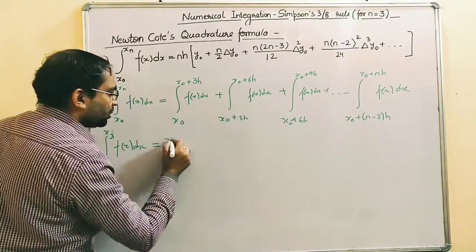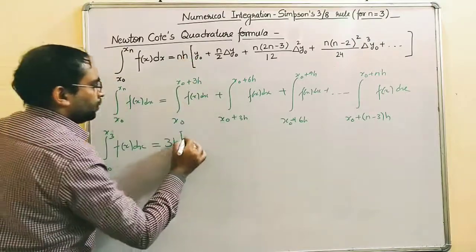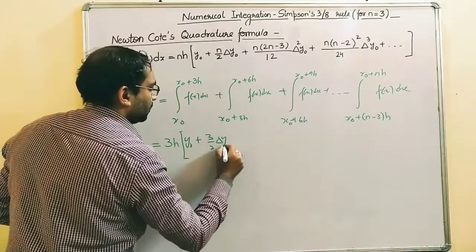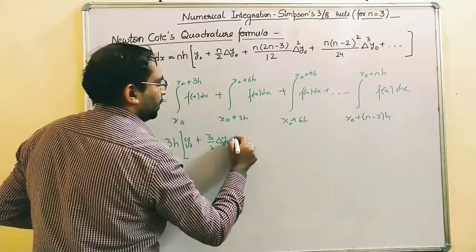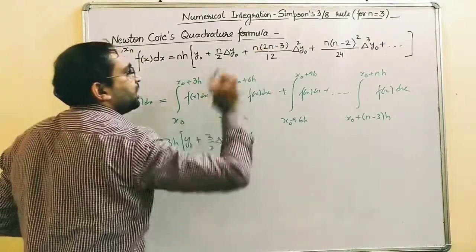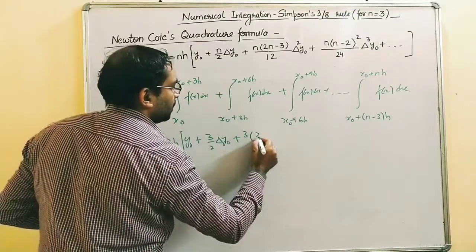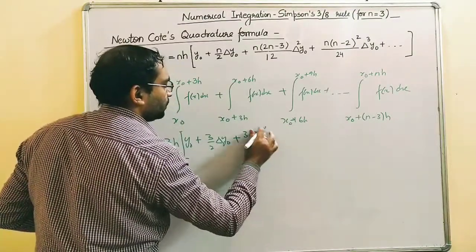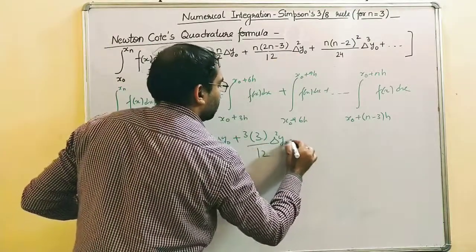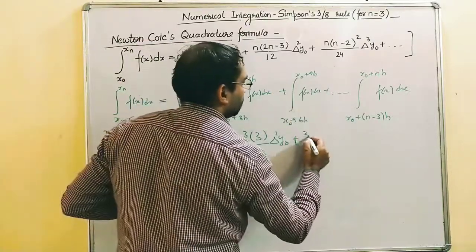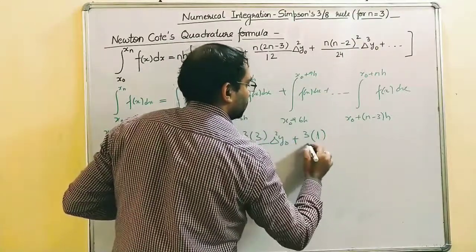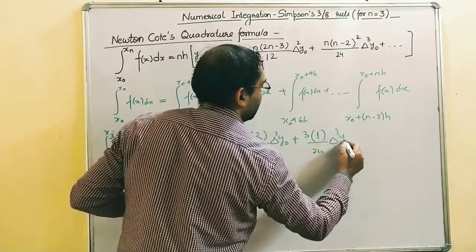As n is equal to 3 here, this will be 3h times (y0 plus 3 by 2 del y0 plus (3 squared by 2, that is 6 minus 3) upon 12 del 2 y0, so 6 minus 3 will be 3 upon 12, within the brackets, del 2 y0, plus (3 minus 2, that is 1) square is equal to 1, so this is 1 upon 24 del 3 y0.